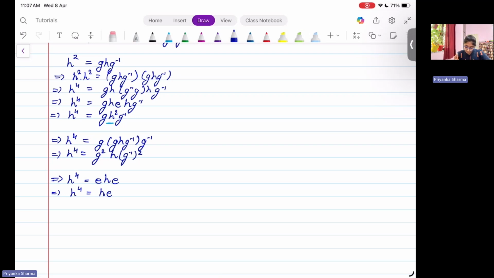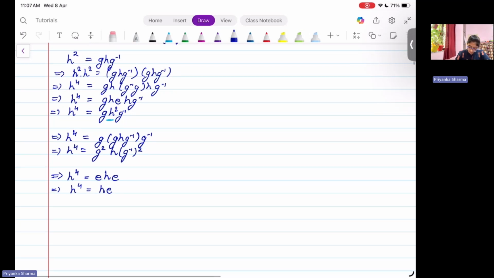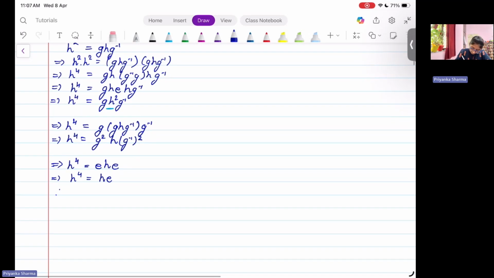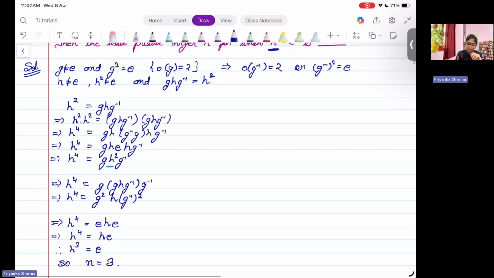Now, if we apply the left cancellation law here, we will get H cube is identity. So n will be 3, or we can say that the order of H is 3.